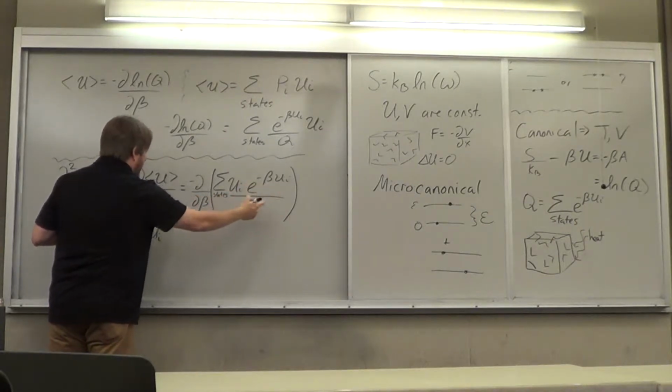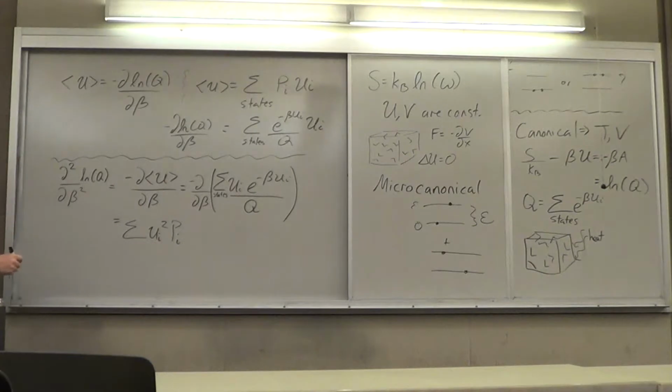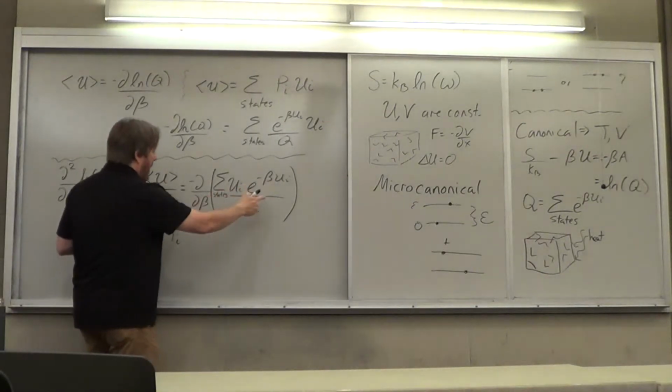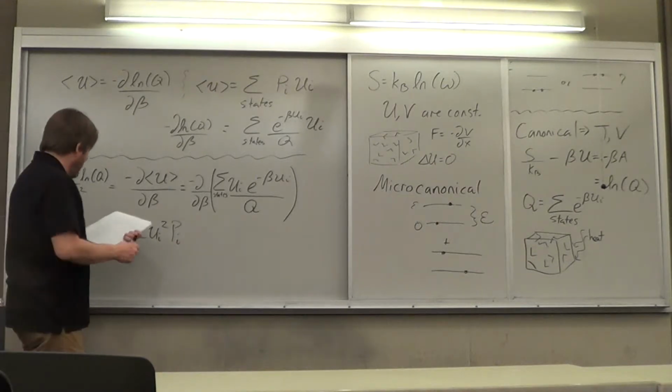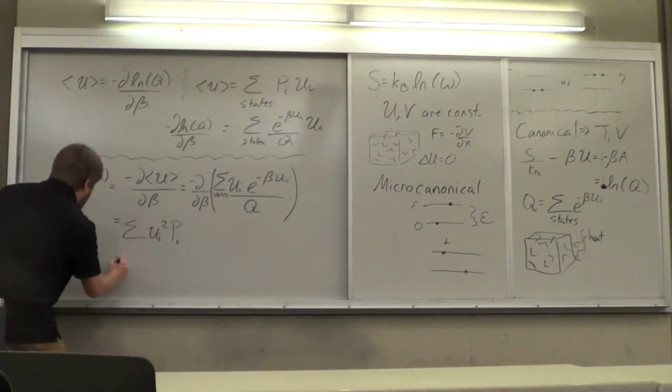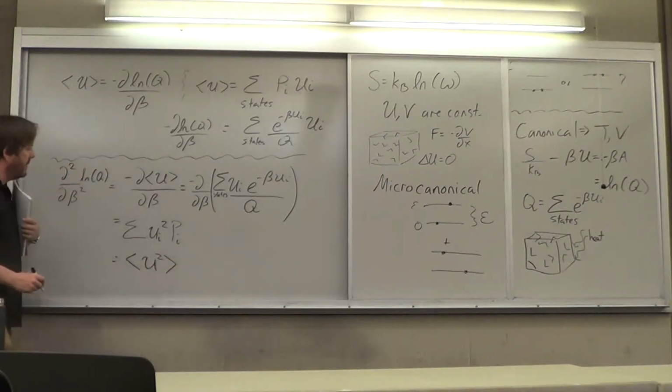I'm still left with these things here, because the sum of e to the minus beta u over Q has not gone away. So this is clearly equal to the average of u squared.